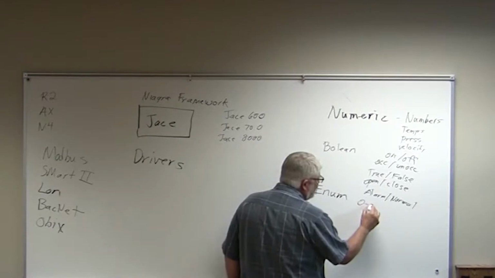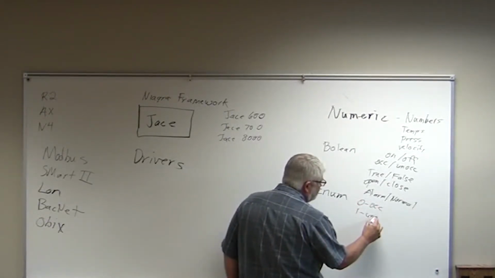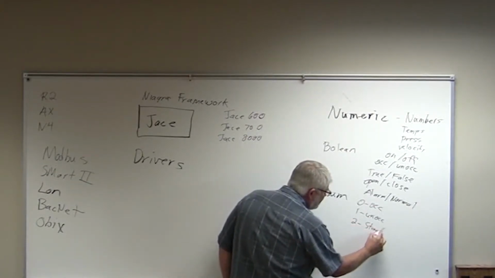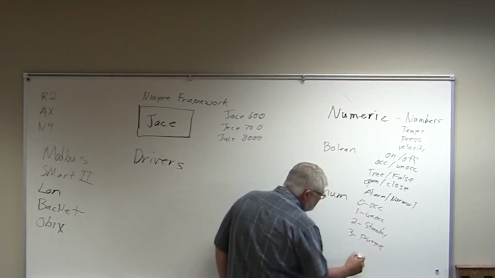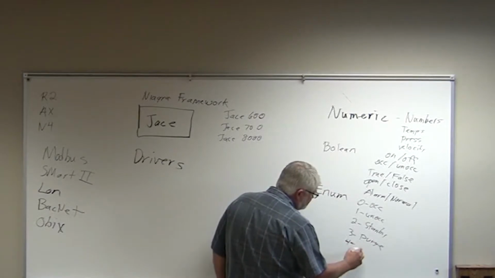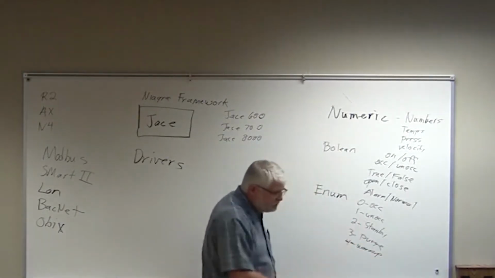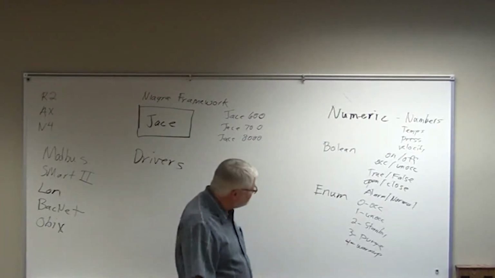So 0 might be occupied, 1 might be unoccupied, 2 might be standby, 3 might be purge, 4 might be warm up. So a bunch of different states or functions of that particular block.